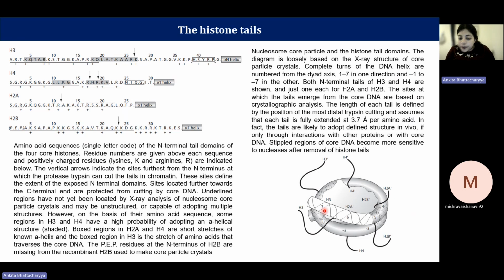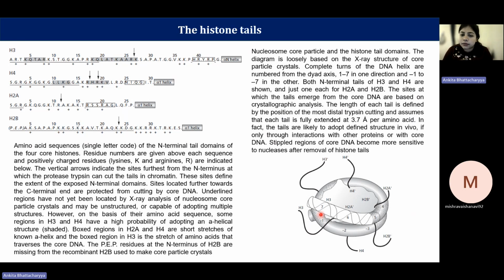So you can see here -1, -2, -3, and so forth. And here you can see 4, 5, 6, and 7. So this is the orientation of the DNA. It's just based on the axis and based on how symmetric they are with each other. Both the N-terminal tails of H3 and H4 are shown.